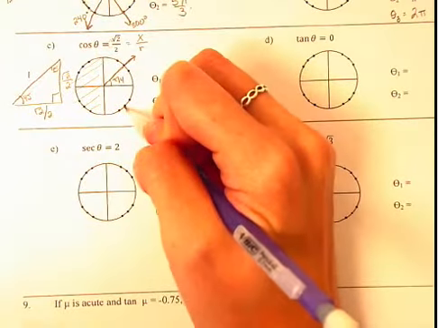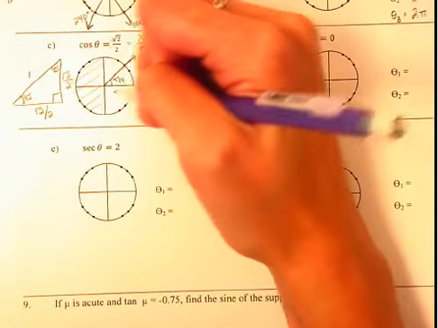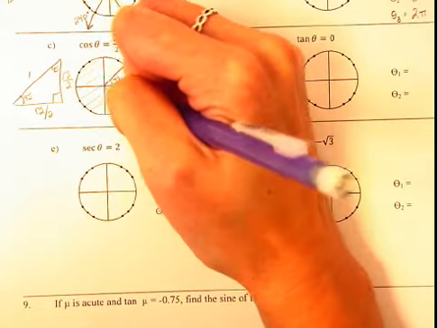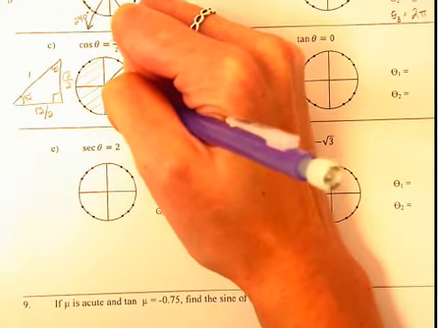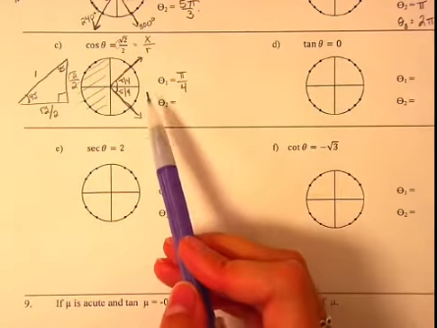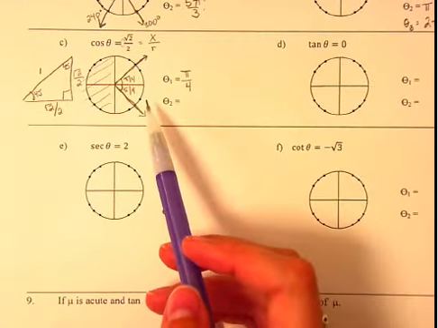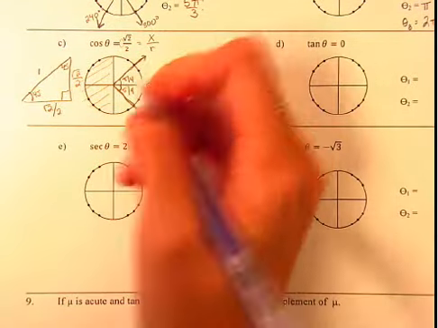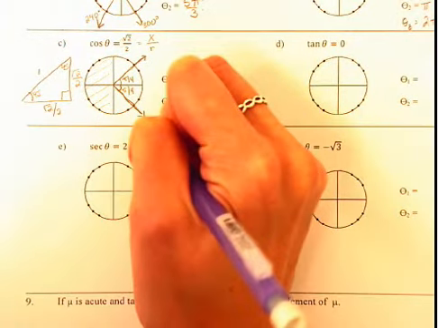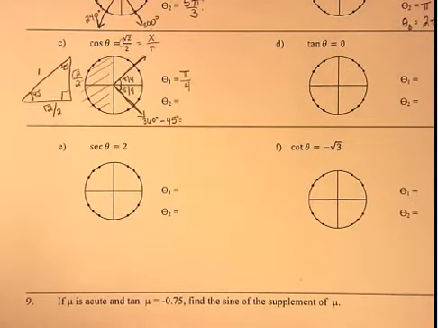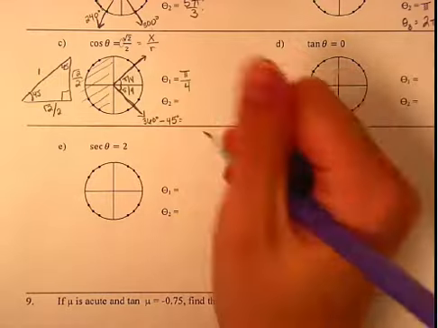Also, we need to find that theta in the fourth quadrant. Again, it's going to be the middle dot with a reference angle of pi over 4, or 45 degrees. Now, if we went down pi over 4, if we went down 45 degrees, we would take that away from a whole rotation. So you could say 360 degrees minus 45 degrees, which would give me my theta in degrees, which is 315.